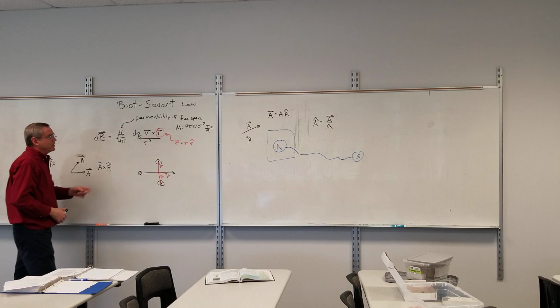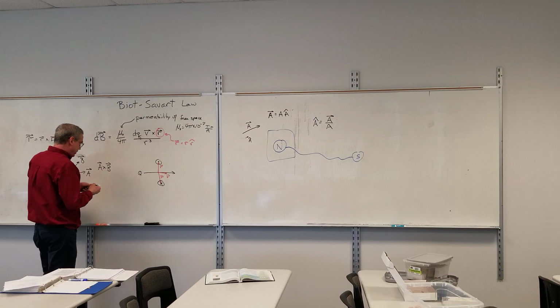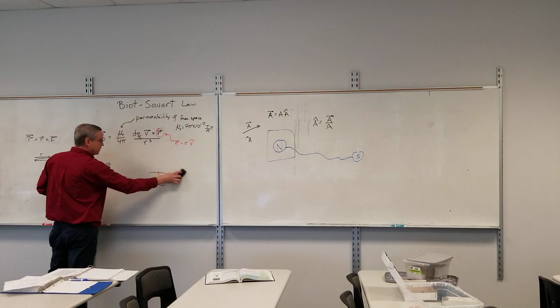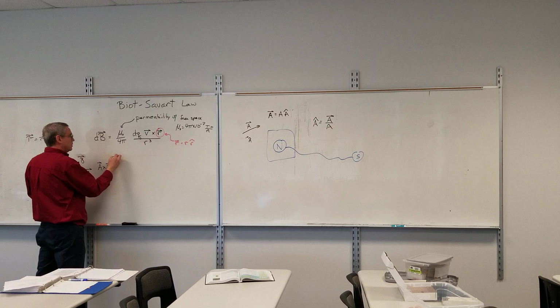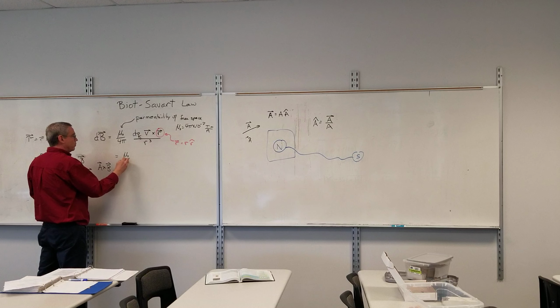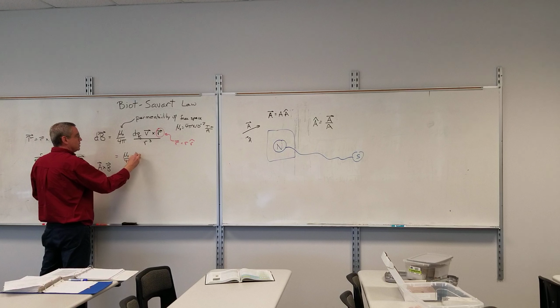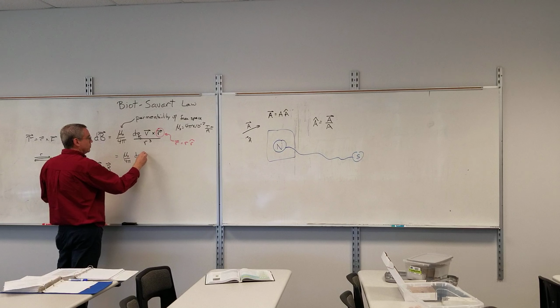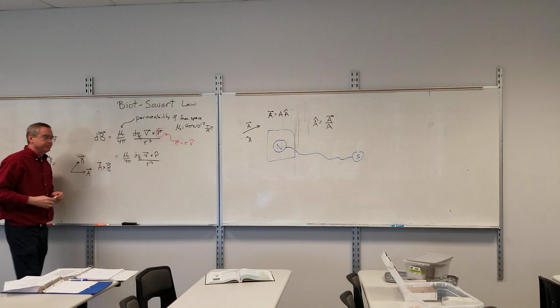And so if we make that substitution, one of my R's cancels out, and so my second form of this is mu naught over 4 pi dq v cross R hat over R squared.